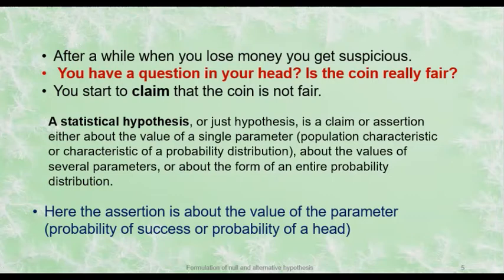A statistical hypothesis is a claim or assertion either about the value of a single parameter, about the values of several parameters, or about the form of an entire probability distribution. Here in this game, the assertion is about the value of the parameter, the probability of success or the probability of head in Bernoulli distribution.